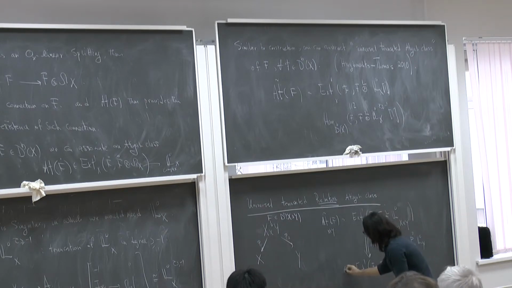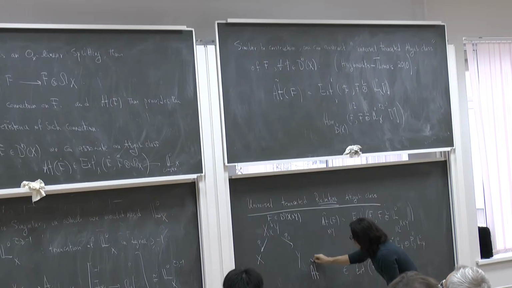So this is what we call the universal truncated Atiyah class of F on X times Y relative to X.